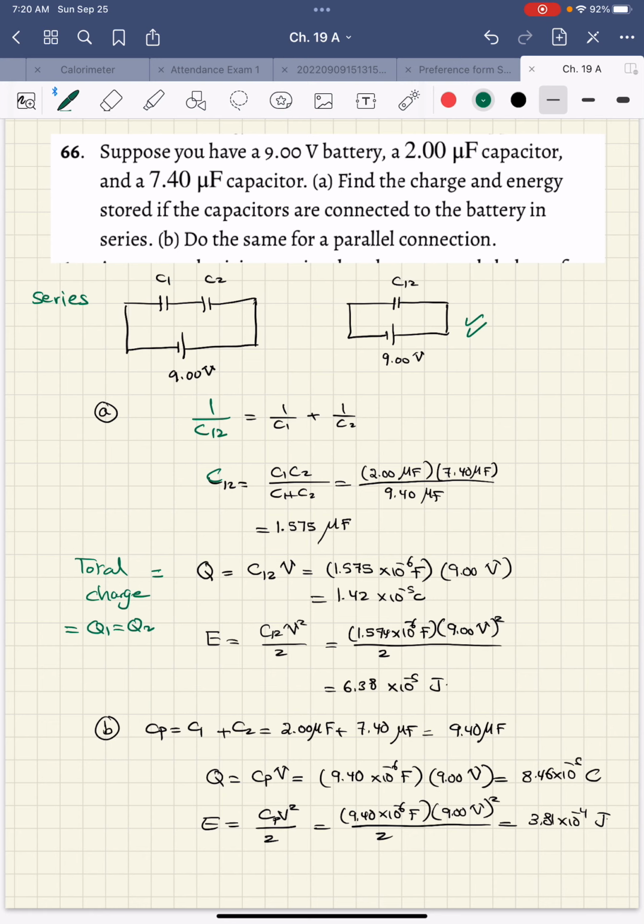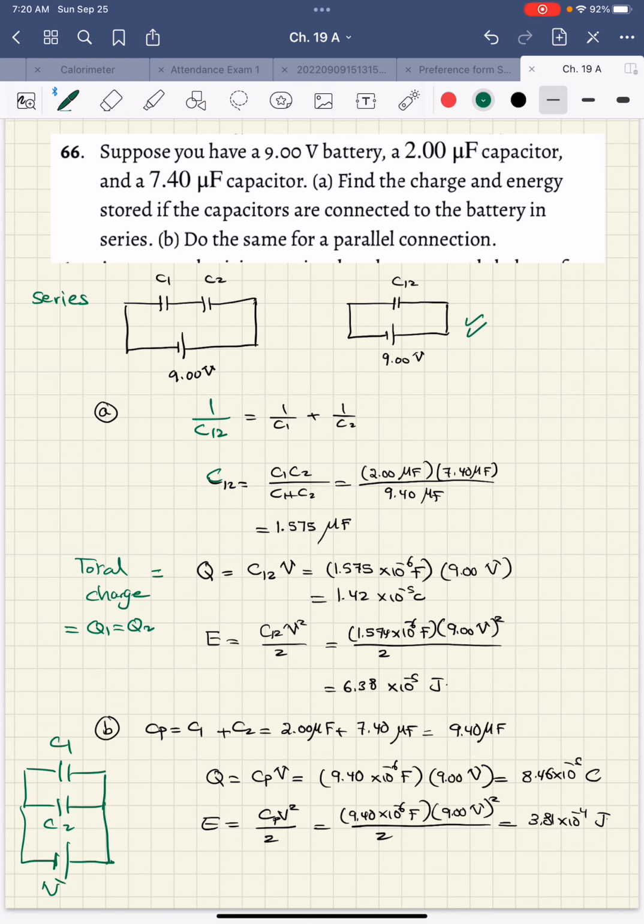I can do this for parallel, and they're going to be something like this. This is C1, this is C2, and that is the voltage here, okay?